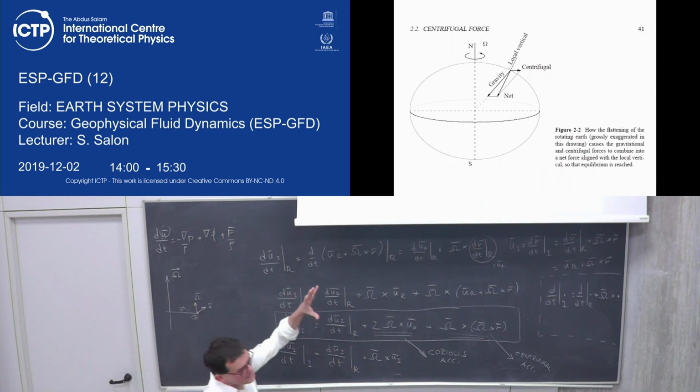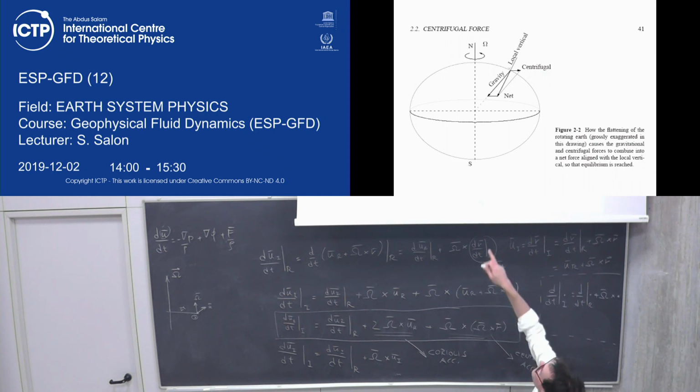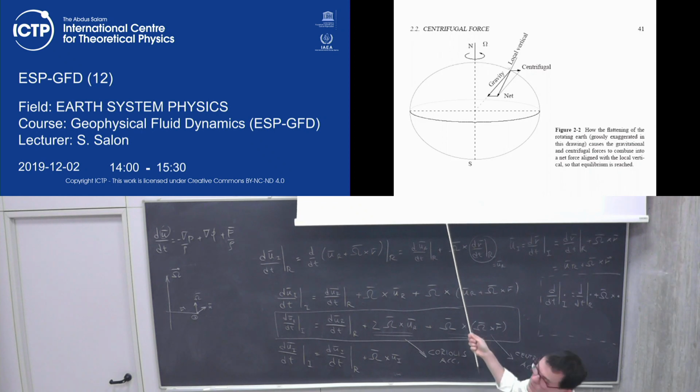And this explains the fact that our Earth, like any kind of body which is rotating, has a flattening at the equator. So the radius, of course, this picture here is strongly exaggerated. We have that this radius here is slightly larger than this radius here. So it's not a perfect sphere.